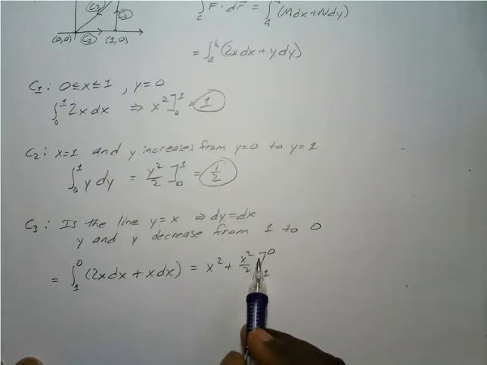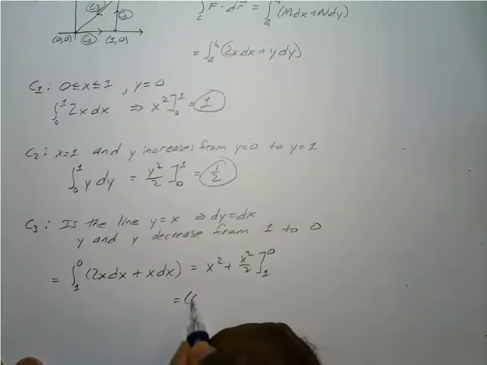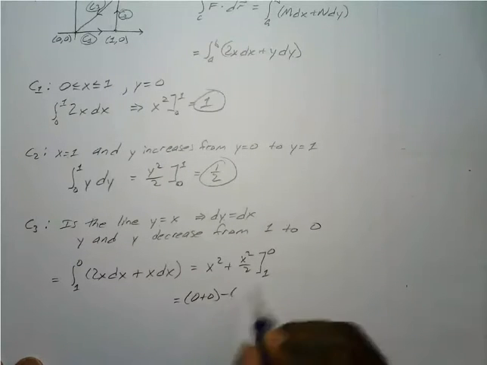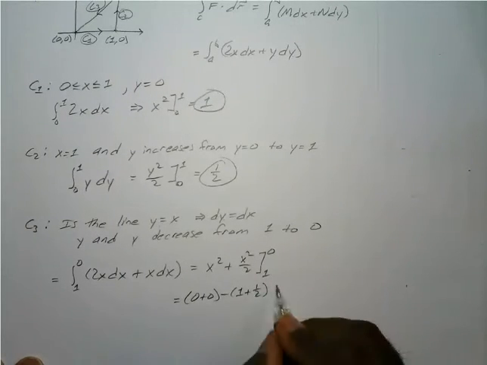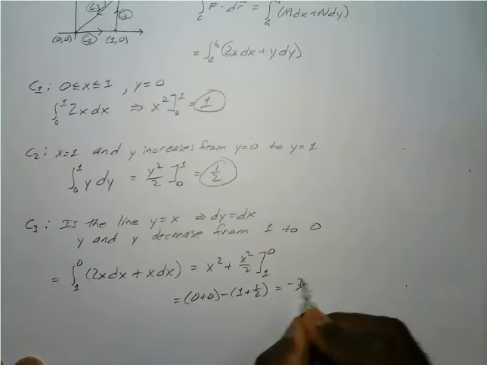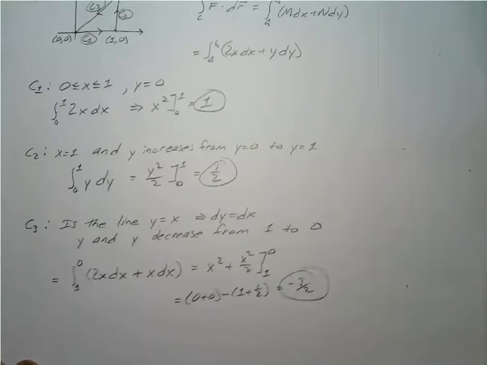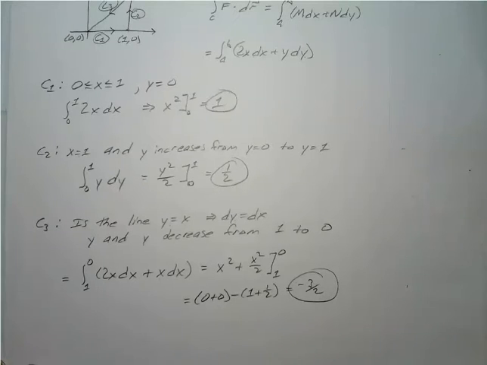If we plug in 0, of course, we get 0. We have 0 plus 0 minus, plug in 1, get 1 plus 1 half. So you get negative 3 over 2 here. So we know the work done on each interval. Let's find the total work.